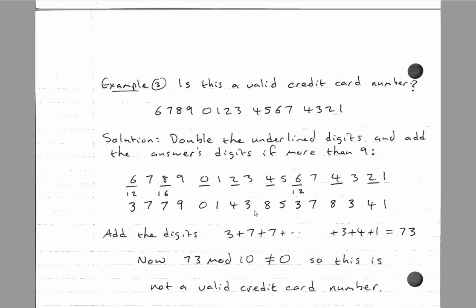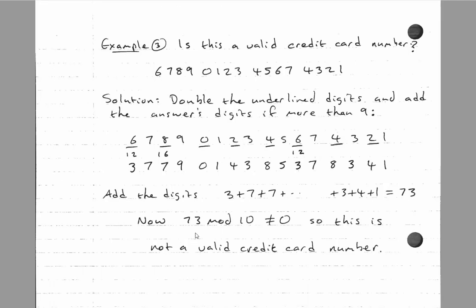And so add its digits. So 3 plus 7 is 10, 17, 26. Add them all up, and this time we get 73. And 73 mod 10 is 3. So that's not equal to 0.